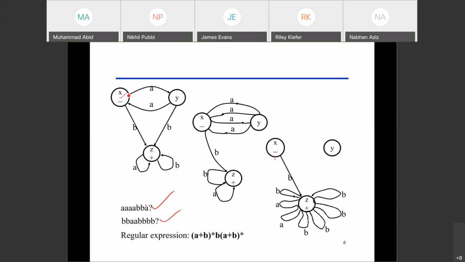If you are here, you can start with A or you can start with B. If you have A, it has a loop here, and if you have B, it has a loop here. After A, you can have A or B, and if you start from B, you can have A or B. So it means that we are talking about (A plus B) whole star.